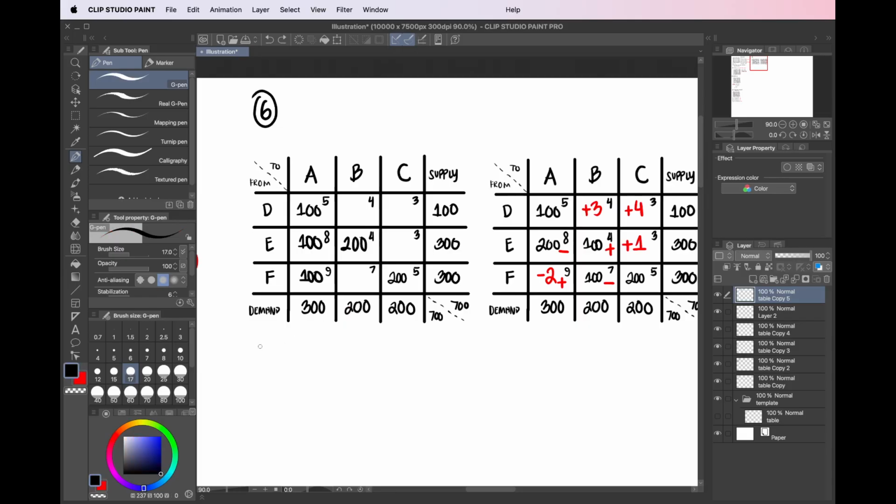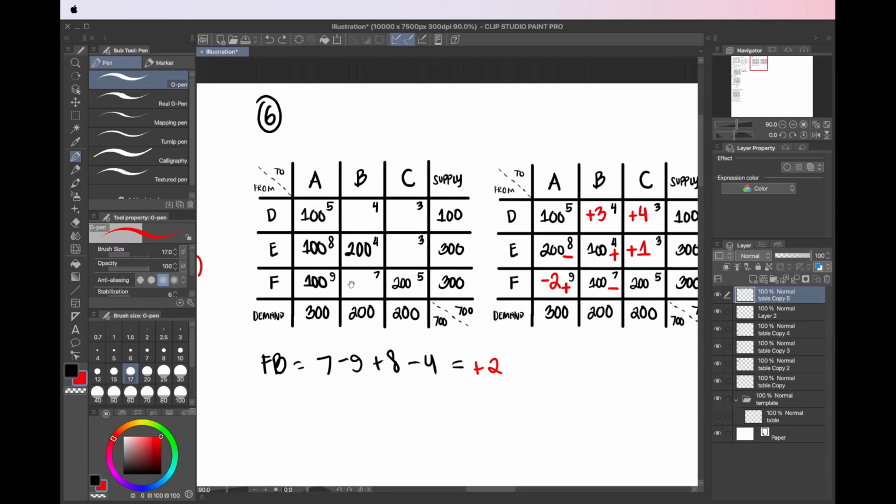So FB is equal to 7 minus 9 plus 8 minus 4, and that would be 2. So this one is positive 2.